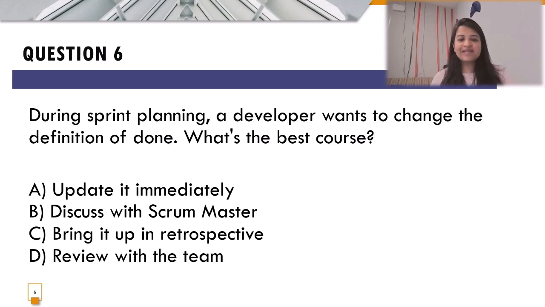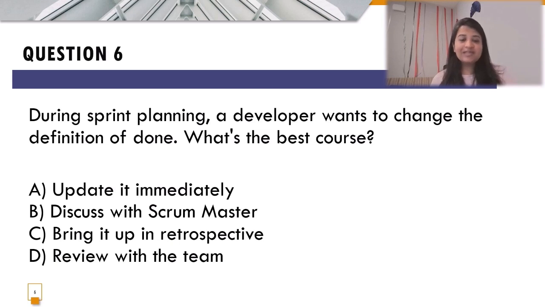Question number 6. During the sprint planning, a developer wants to change the definition of done. So what is the best course of action over here on your part as a project manager? Options are update it immediately, discuss this with the Scrum Master, bring it up in retrospective, or review it with the team.